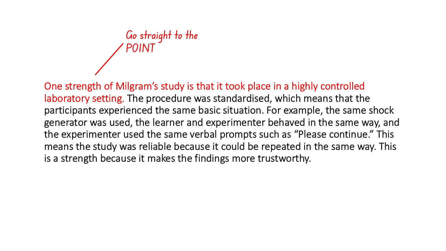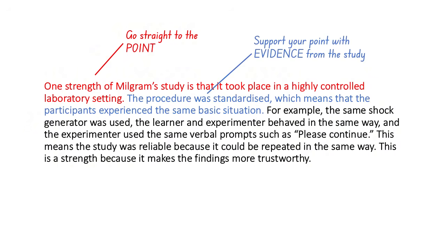Point. One strength of Milgram's study is that it took place in a highly controlled laboratory setting. That's a very clear statement. Now support it with evidence from the study. The procedure was standardised, which means that the participants experienced the same basic situation. Once you've made a brief statement about the evidence, give details.